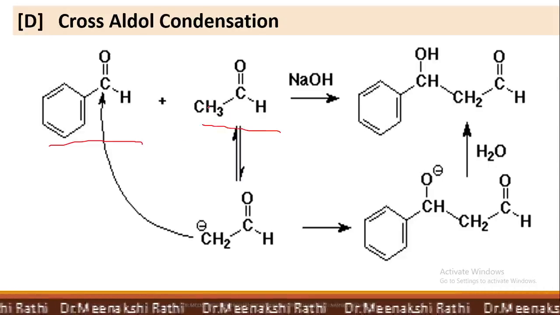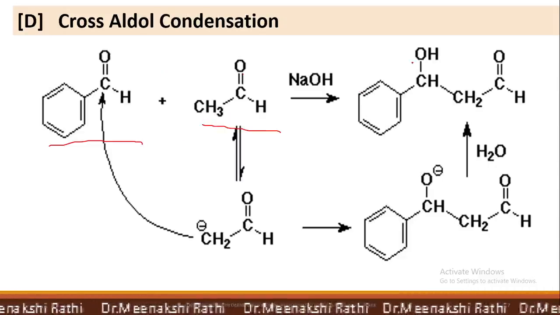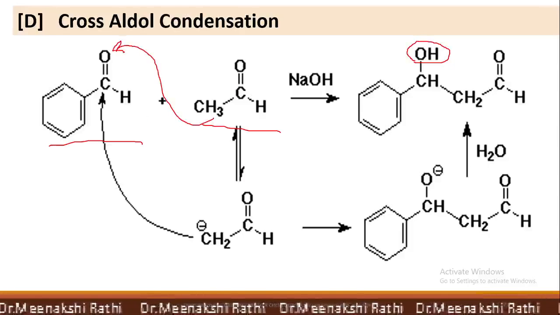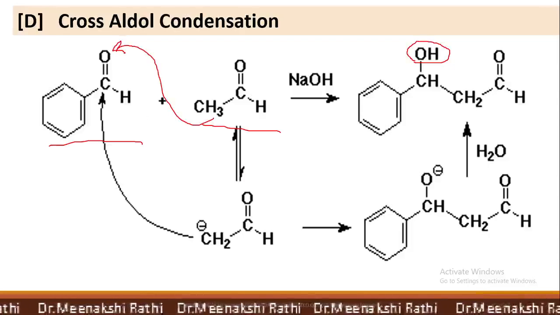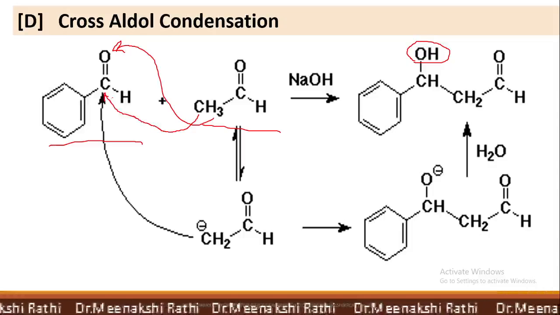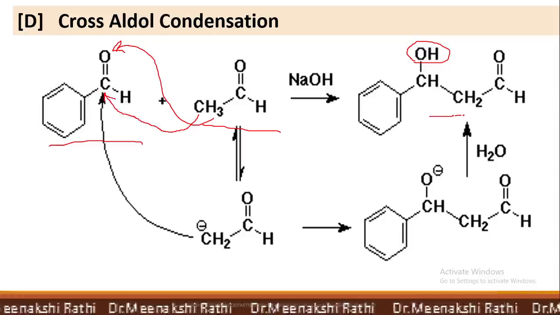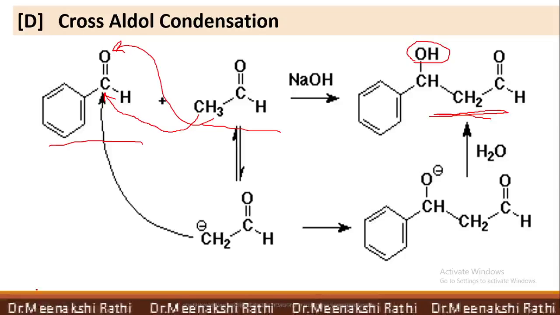And here, again, the alpha hydrogen atom is migrated towards the oxygen. This alpha hydrogen migrated towards the oxygen, so it gets converted into OH, and this carbonyl carbon is attached to this carbon. So there is a formation of aldol. Or simply you can show it like this also.